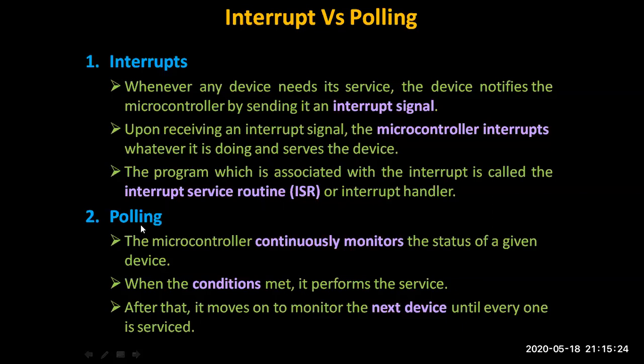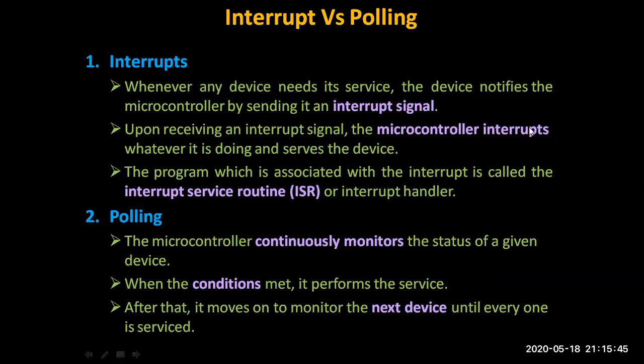And the next one is the polling method. Polling method means the microcontroller continuously monitors the status of a given device. Suppose there are 10 devices. Every time, the microcontroller will monitor the status of the devices: is any device raising an interrupt or not?